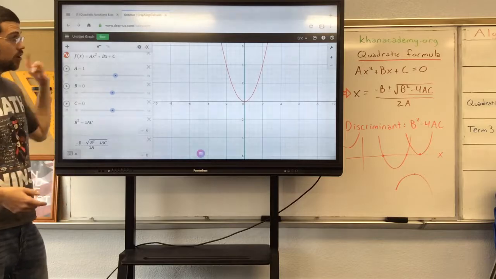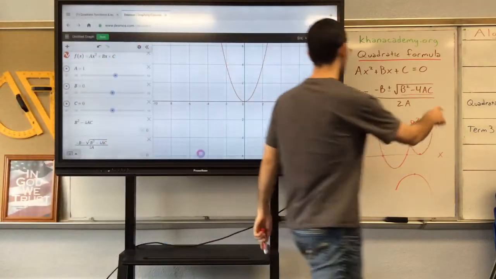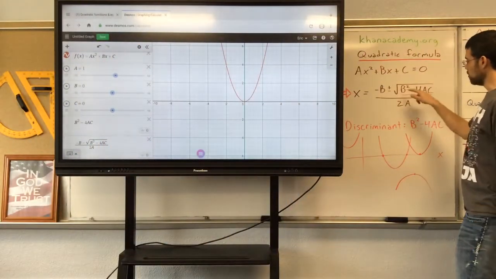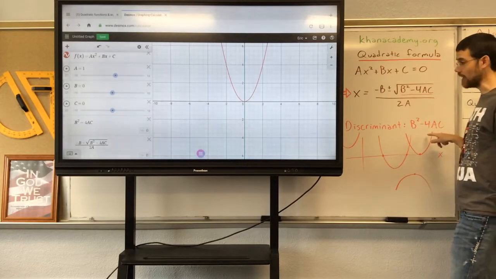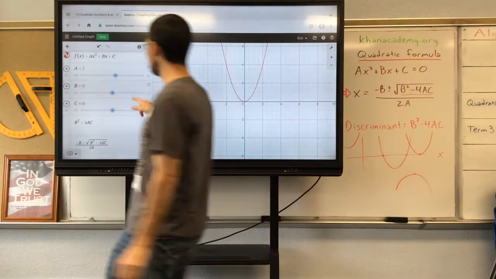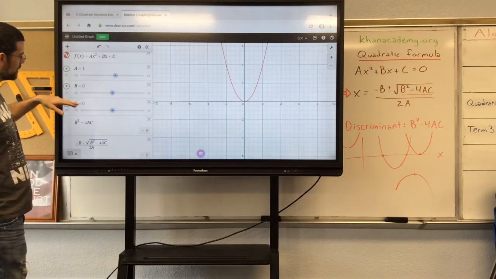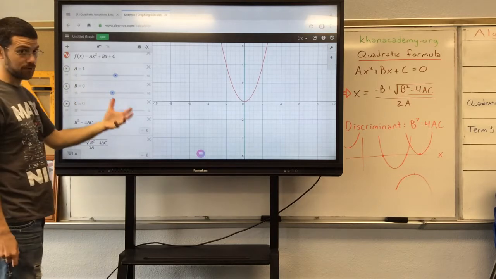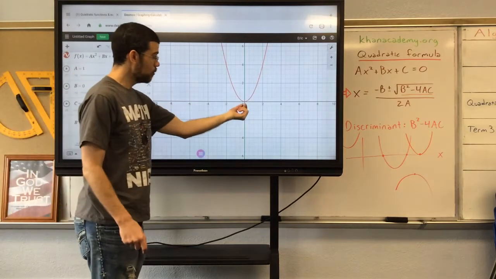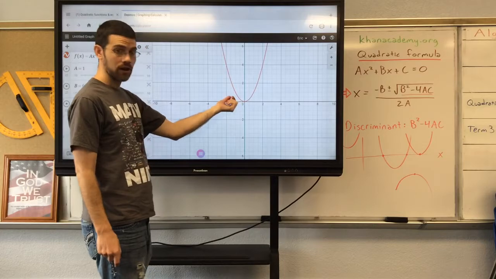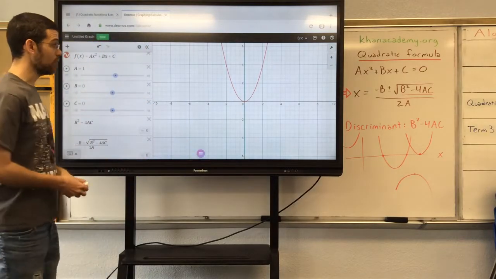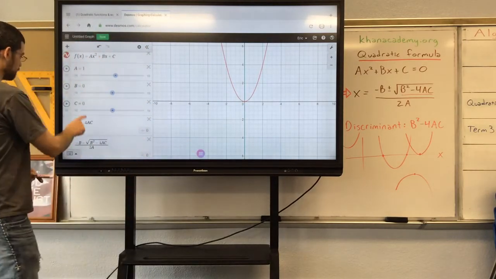So, using what we just talked about, if the discriminant is b squared minus 4ac, in this case, b squared would be 0, and 4 times a times c would also be 0, so your discriminant is 0, and we have a parabola with one x-intercept. That's what always happens. Okay?